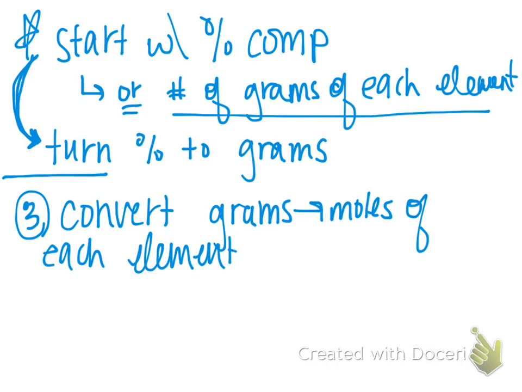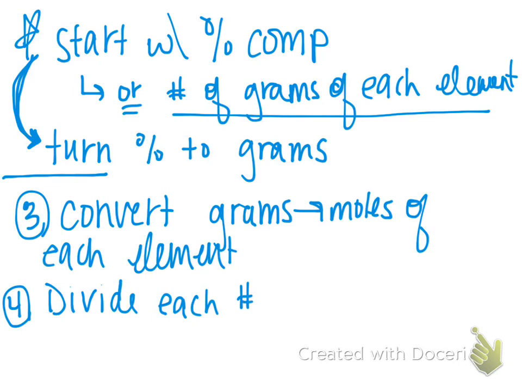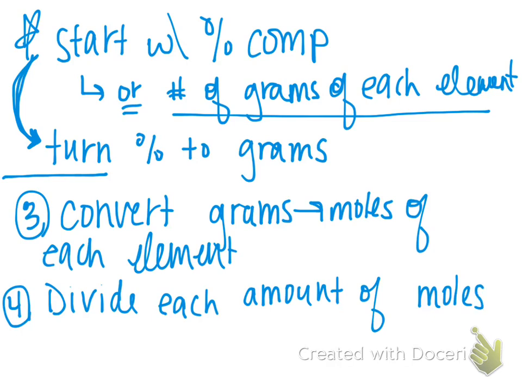So we're going to convert them each to moles so that we can see what our ratio is, okay? So once we have them in moles, we will divide each amount of moles by the smallest value.